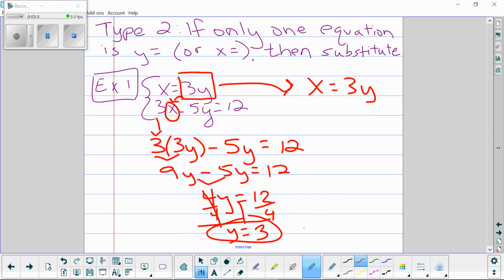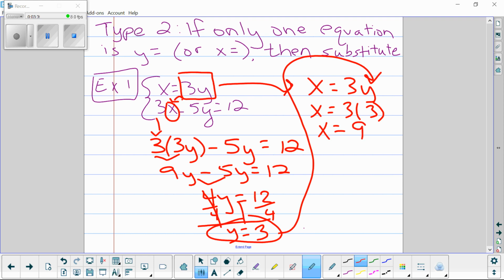We just figured out that y equals 3. So I'm going to take this 3 and substitute it in. So that now it's 3 times 3, which is 9. So x equals 9. So now the last step is to write the answer in an ordered pair. So x comma y means that this final answer is (9, 3).